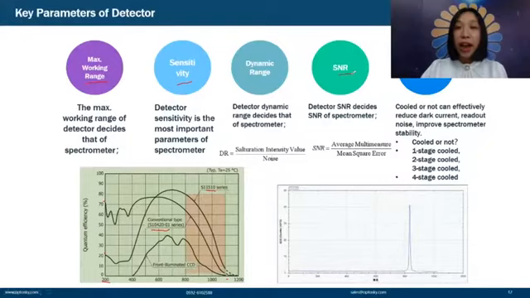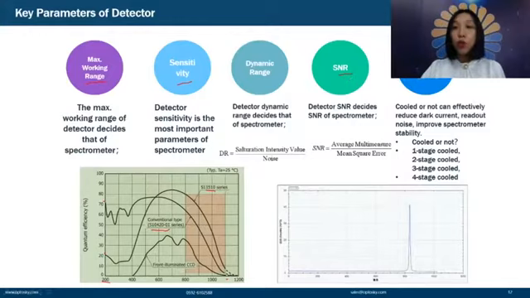And fourth is the signal to noise ratio. The detector signal to noise ratio also decides the spectrometer's signal to noise ratio. We can take the average of multiple measured peaks divided by the mean square error. And these two we will introduce in detail later, about how to calculate them.